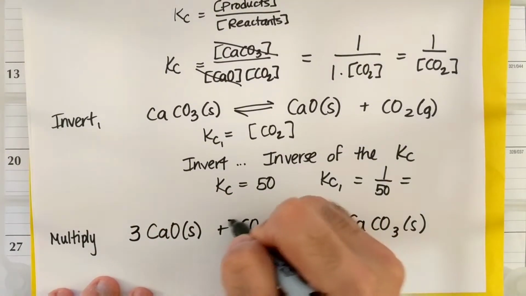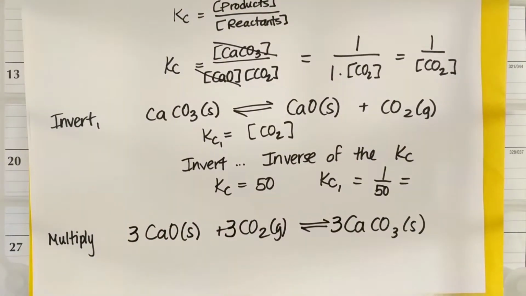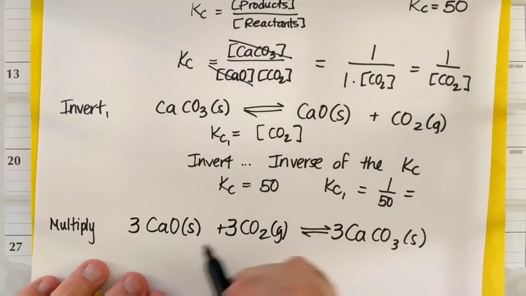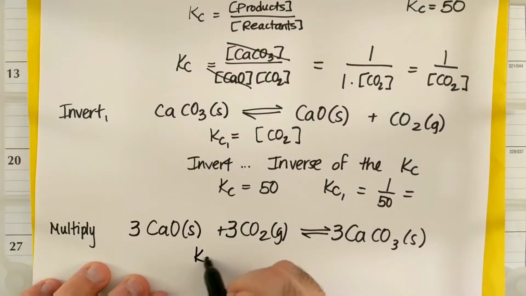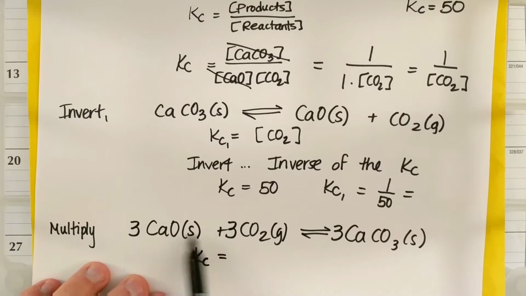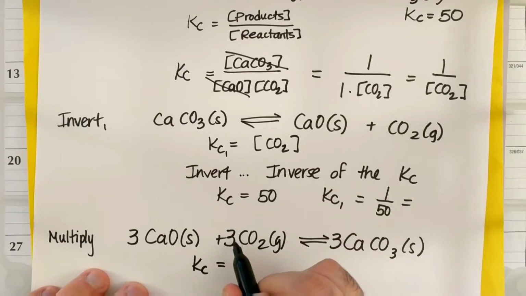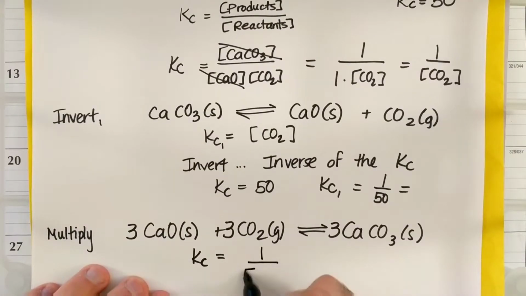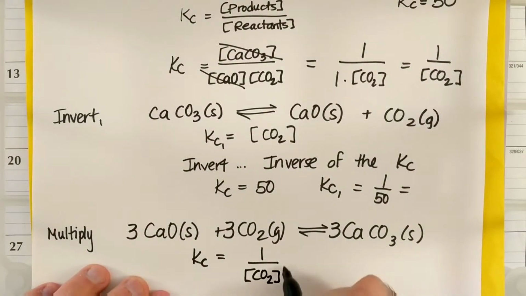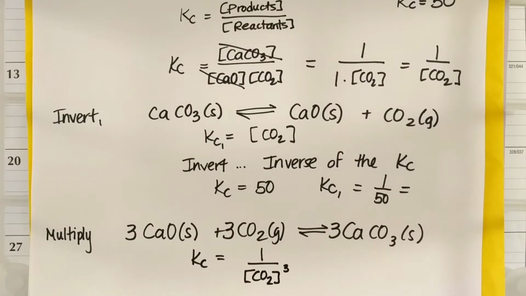So 3, 3, and 3. If I were to write my equilibrium expression, again, I wouldn't include CaO, I wouldn't include CaCO3. The only thing I would include would be CO2, and it would be in the denominator like I had earlier. But since there's a 3 here, it would be 1 over the concentration of CO2 cubed.